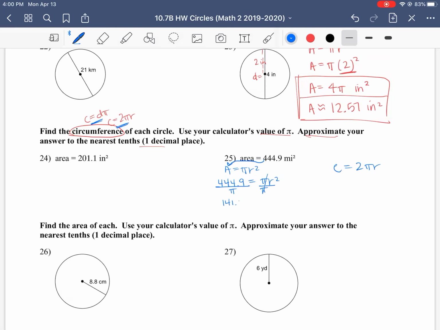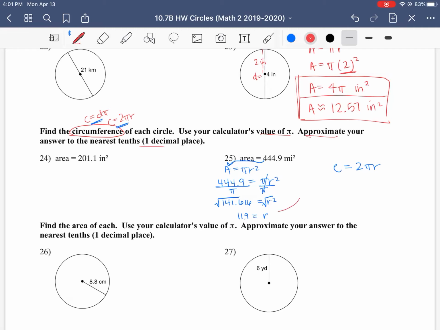And that gives us about 141.616. And that's equal to r squared. Now it says round to 1 decimal place, but I'm not really at the end yet, so I'm just keeping a few decimals. How do we get rid of a squared? Yes, we square root. Very good.